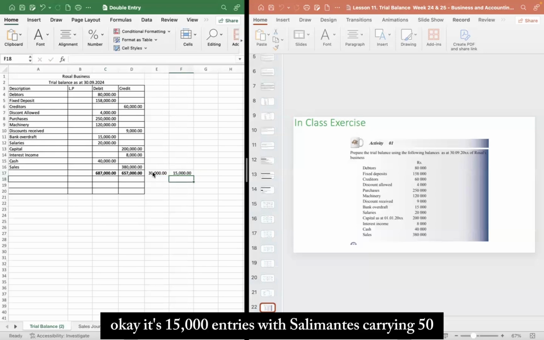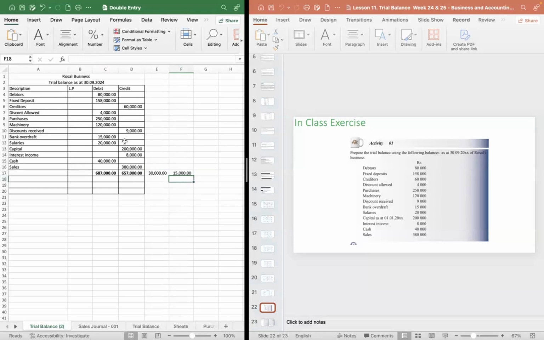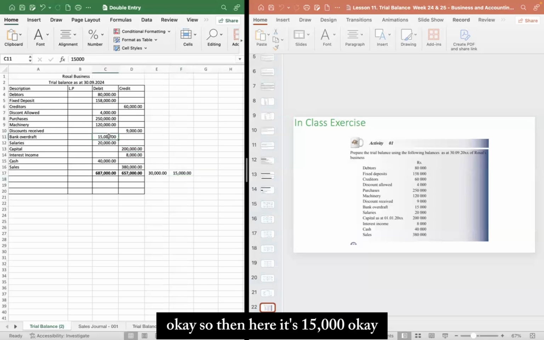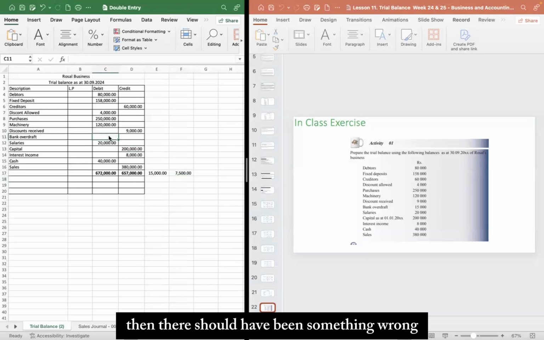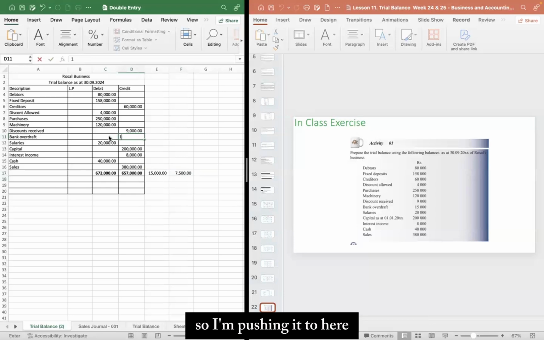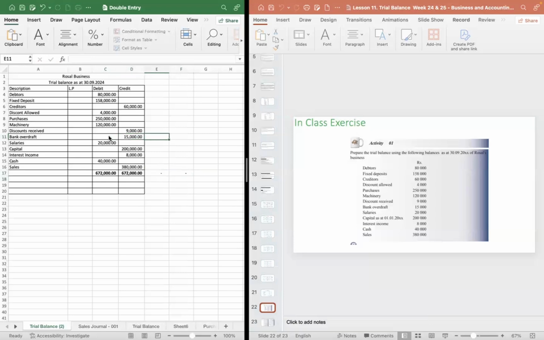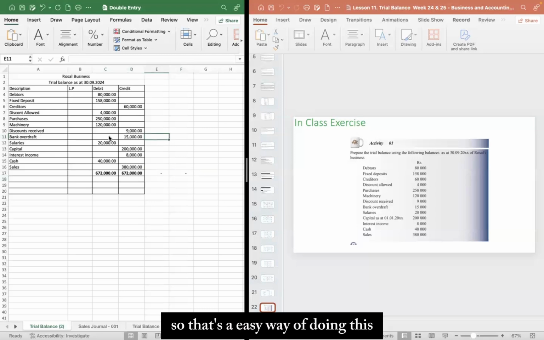It's 15,000. Trace which element is carrying the 15,000 value. Here it is the bank overdraft, so I push it to the correct side. So it's correct. That's an easy way of doing this.